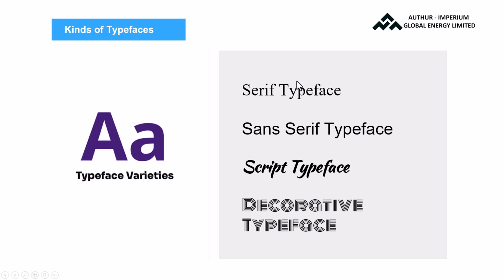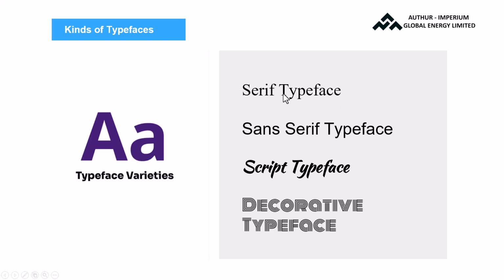The first one is serif typefaces. And how we know serif typefaces is that they have these angles here, all these spikes or angles, and they have this kind of traditional feel to them. If you've read a lot of formal letters or legal documents, you see that they are written with this kind of typeface.